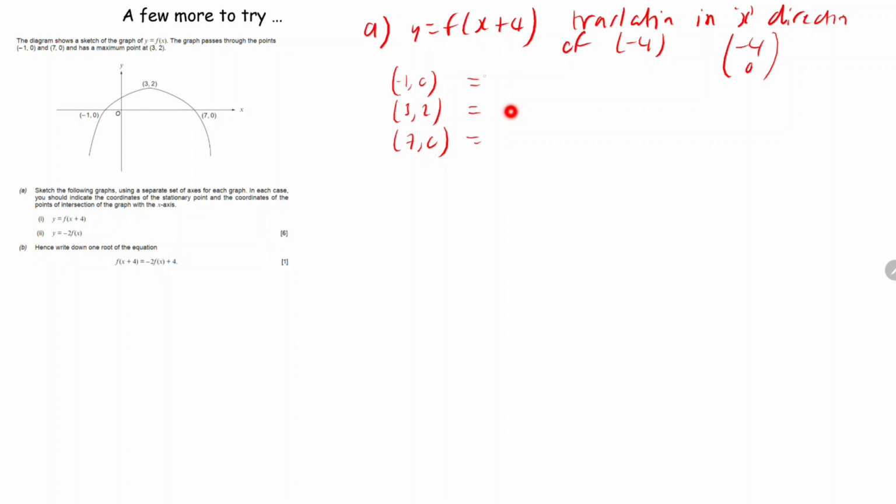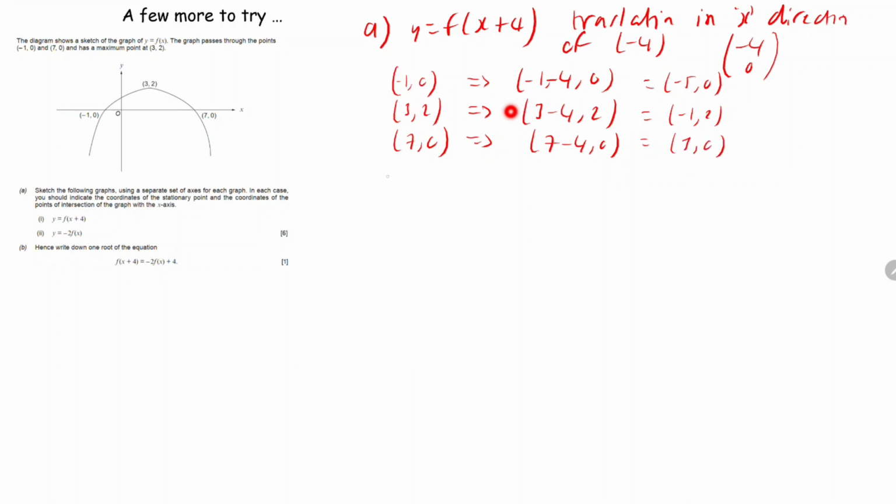The new coordinates are going to move to -1 - 4, 0, 3 - 4, 2, 7 - 4, 0, which gives us the following. -1 - 4 so -5, 0, -1, 2, and 3, 0. So we can quickly sketch this one.